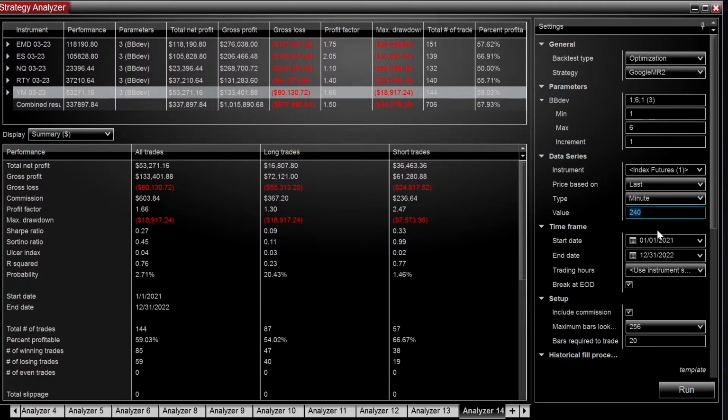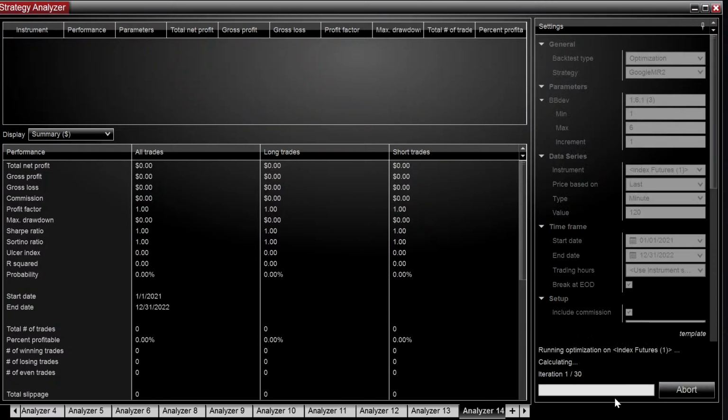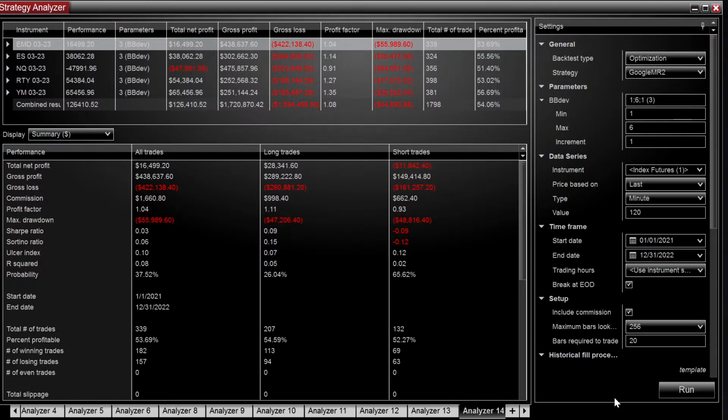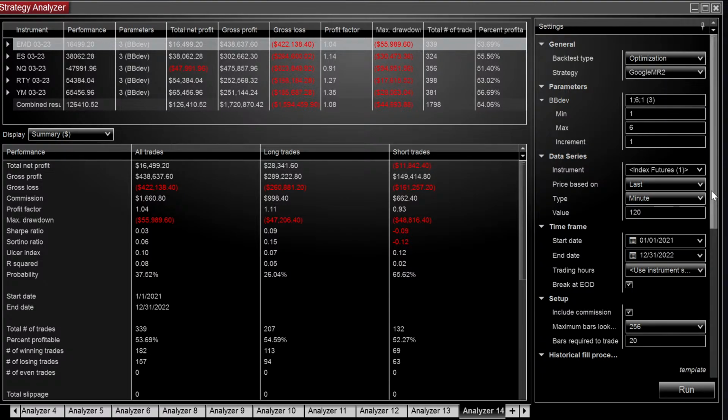Let's go ahead and test out the 2-hour chart. But if you notice, ES didn't really do that well with our trend following strategies, but now this mean reversion is doing a little bit better. Whereas it was the opposite with the NQ.